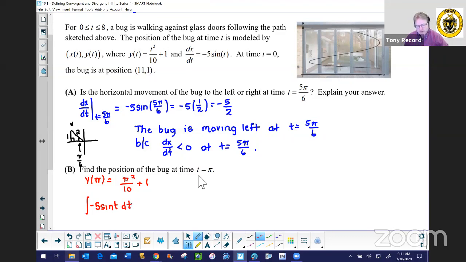And because one of our times, or the time that we're trying to find, is pi, and the fact that we were given an initial position at time 0, it seems very logical that 0 and pi should be our boundaries of integration, right? At one of the boundaries, we have information. At the other boundary, we're looking for an answer.